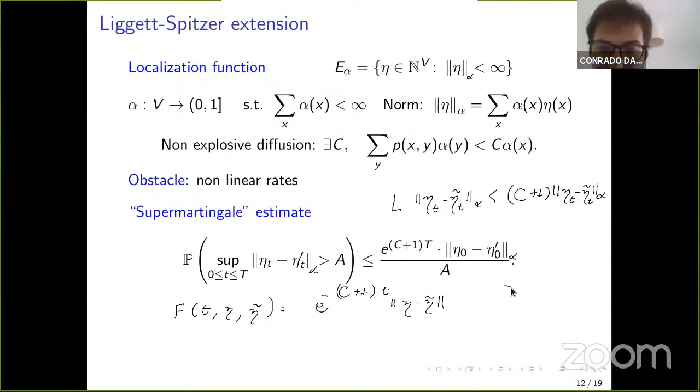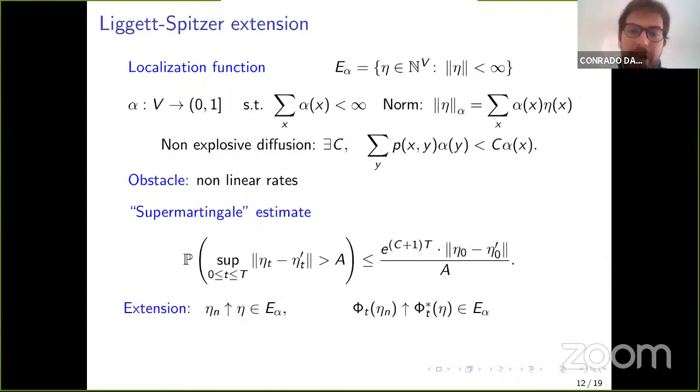So the total derivative dt plus L of this function f is negative, and this is what Hugo asked in the first exposition, how we can use these formulas to get semi-martingales or Lyapunov functions. So here it is, and this will be very useful for our extension because it bounds the distance between different processes in terms of the initial condition.